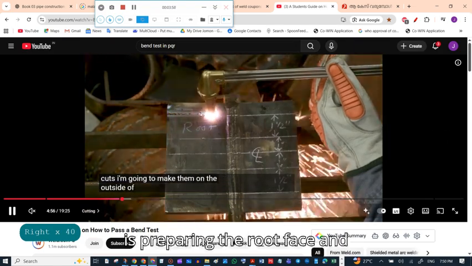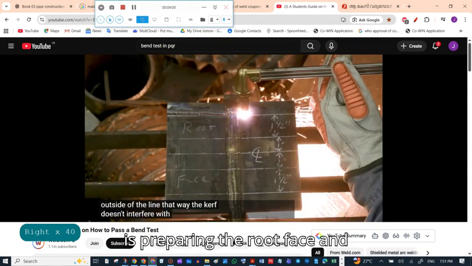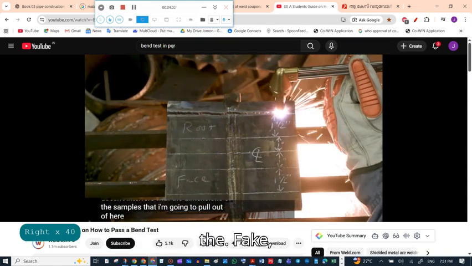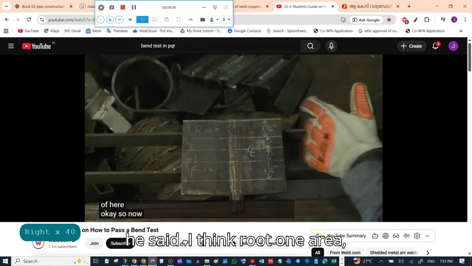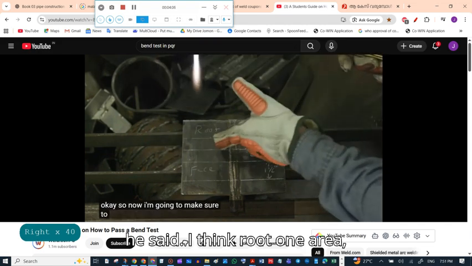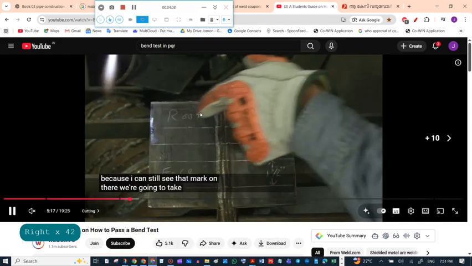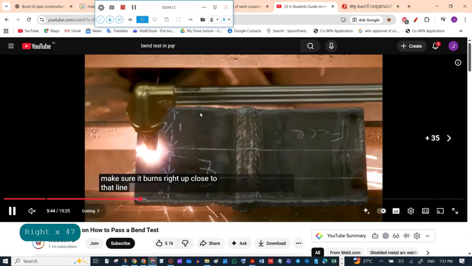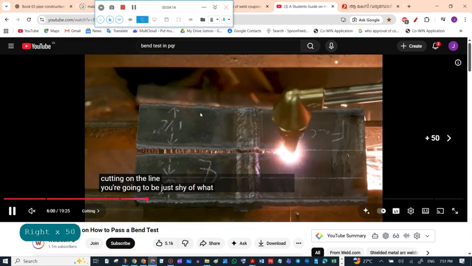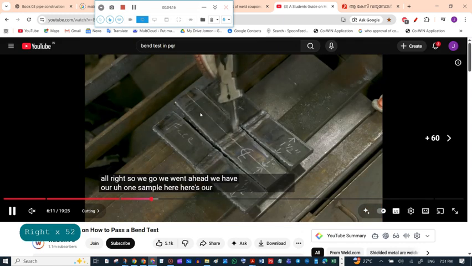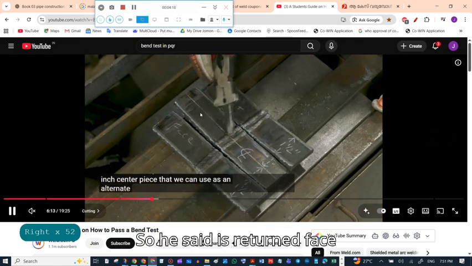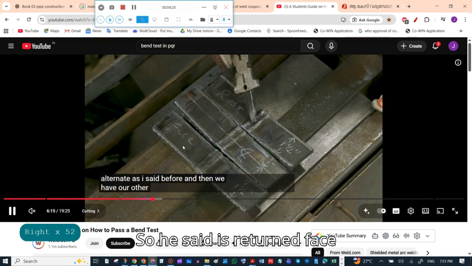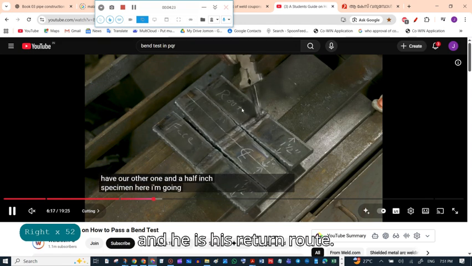So he is preparing the root and face, and is writing root on one area, face on one area.